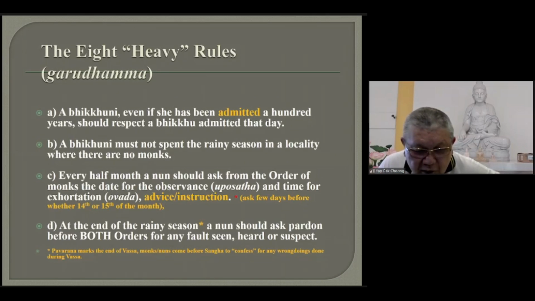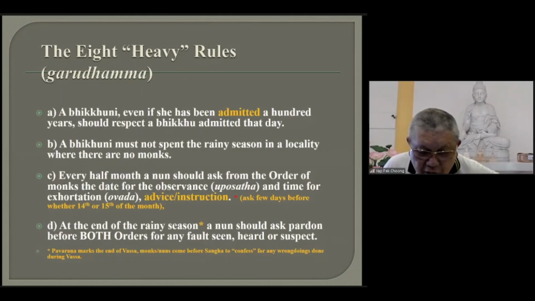Third, every half a month, because under the Vinaya rule, every fortnight, monks have to gather in a sima, within a locality, an official sima, and they have to chant the Patimokkha, the Vinaya rules. That's a rule, even until today, you see.